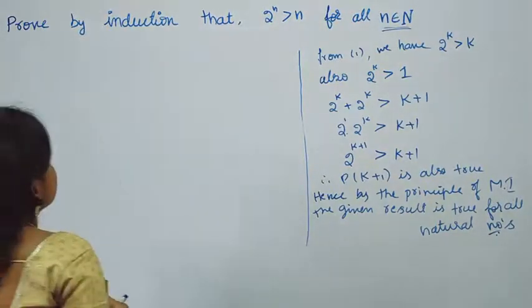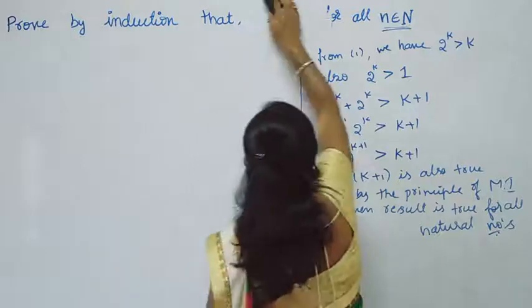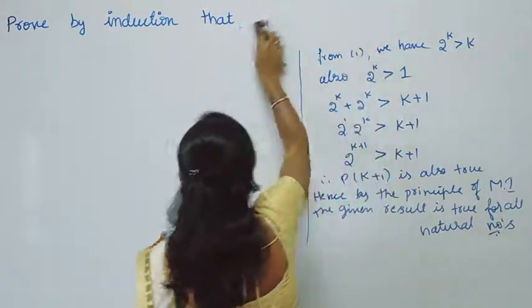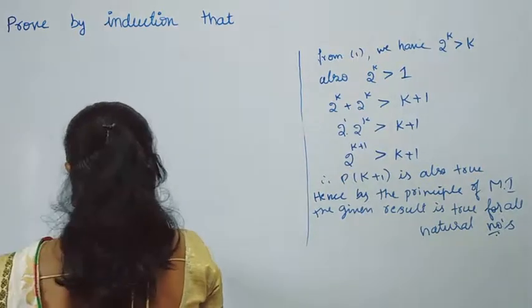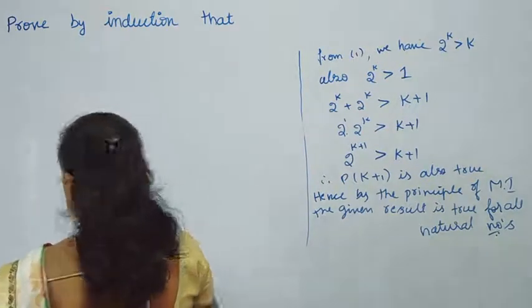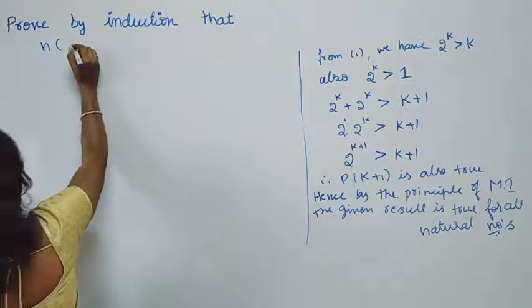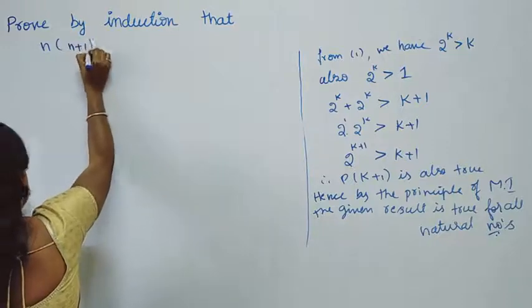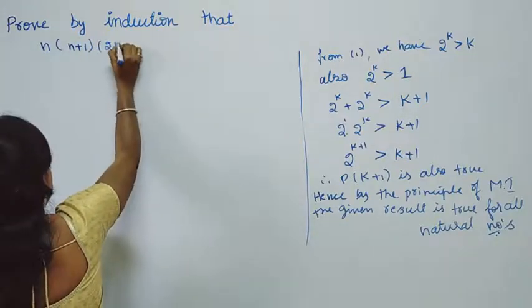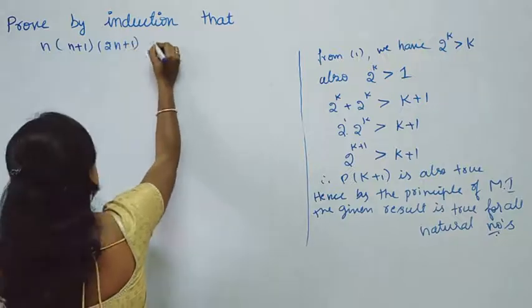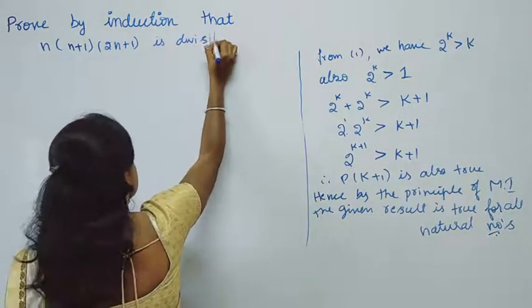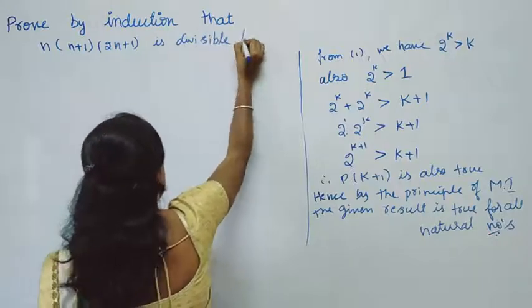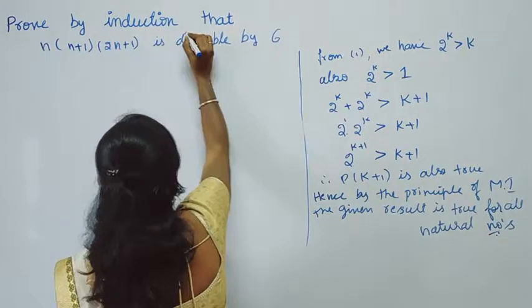So the next problem is prove by induction, that is mathematical induction, that n into n plus 1 into 2n plus 1 is divisible by 6.